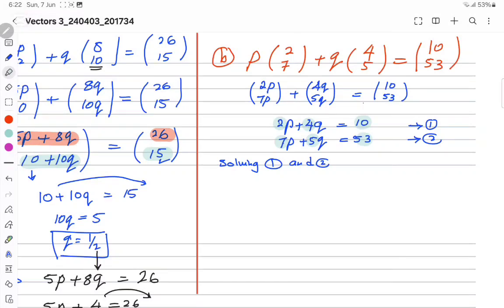Mode 5, 1, 2 equal 4 equal 10 equal 7 equal 5 equal 53 equal. So what you insert first? P. So you will get the value of P first. So the value of P equals 9. What you insert next is Q. So the value of Q will be equal to -2. Then hashtag we love math.